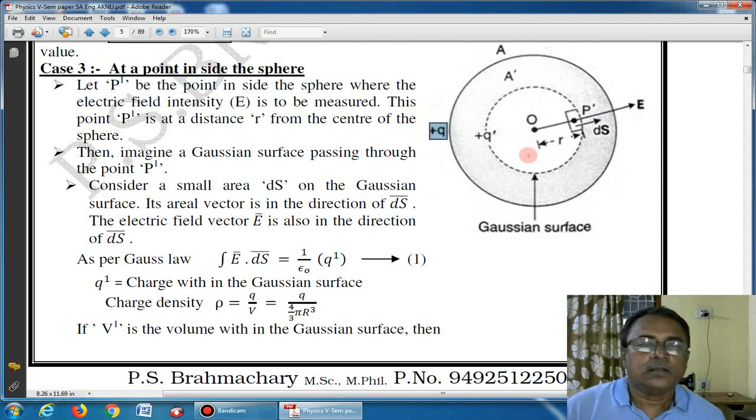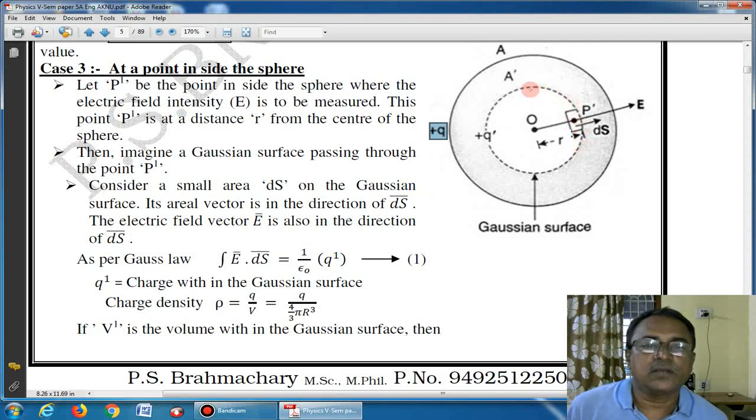Then if you take the Gaussian surface, that is also a sphere. Always the Gaussian surface is taken such that it passes through the point where the electric field intensity is to be measured.